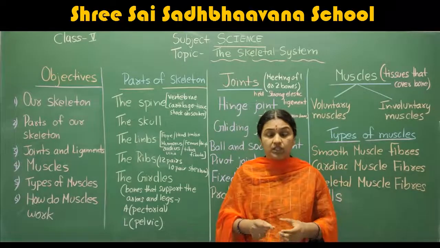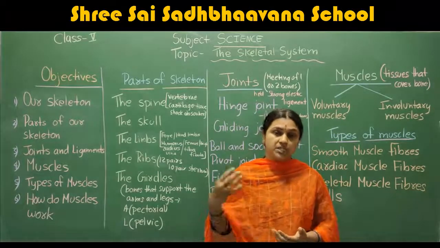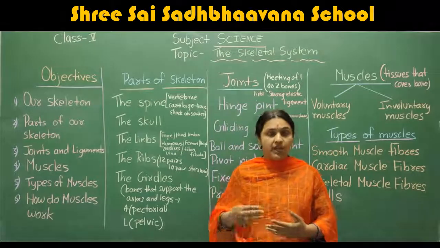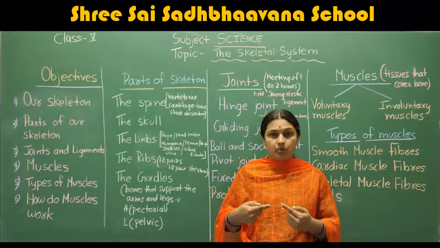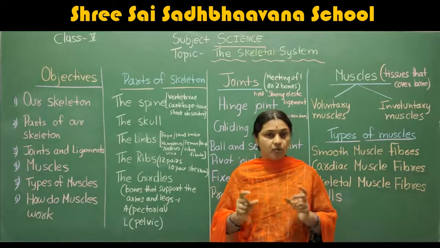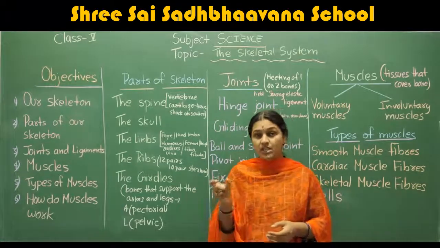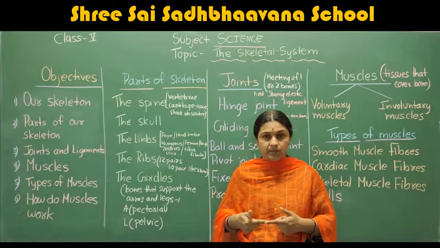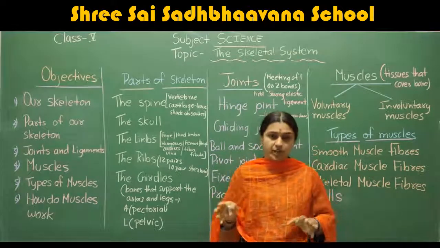In the beginning, I mentioned that we had 270 plus bones at birth, and as we grew, the small bones fused together, and now we have 206 bones. So these are the bones that join to make the skeleton a framework.